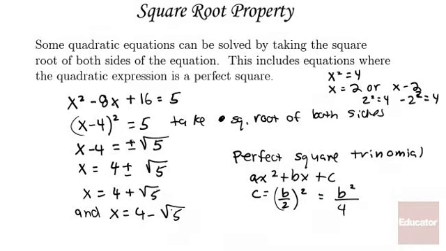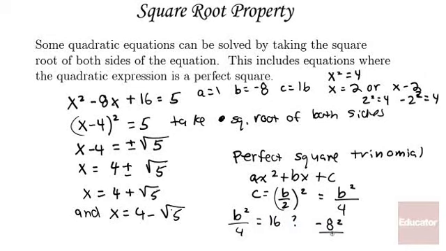So if you're not sure if it's a perfect square trinomial, look at the constant term. Here I have a equals 1, b equals negative 8, and c equals 16. I want to see if b squared over 4 equals 16. That's negative 8 squared over 4, which equals 64 divided by 4, which is 16. So this checks out.